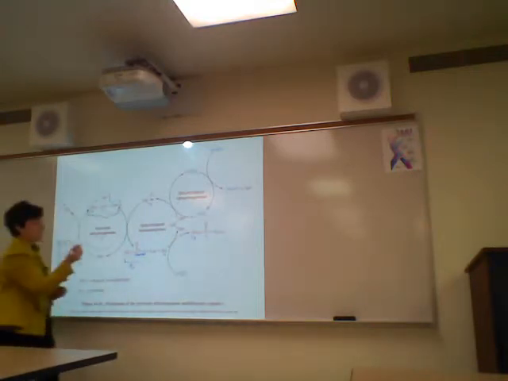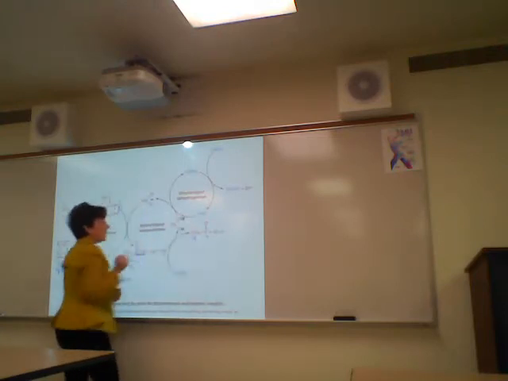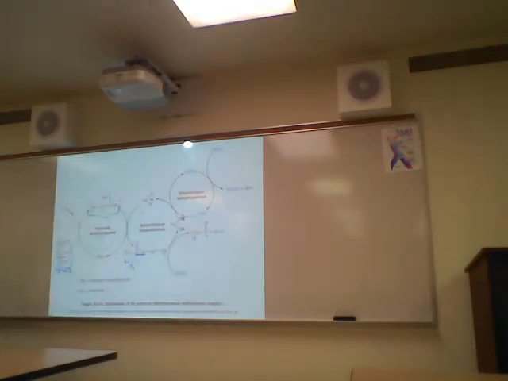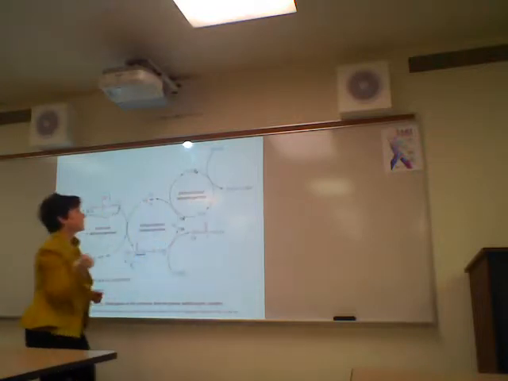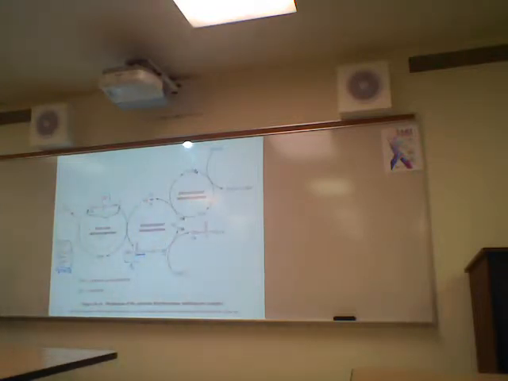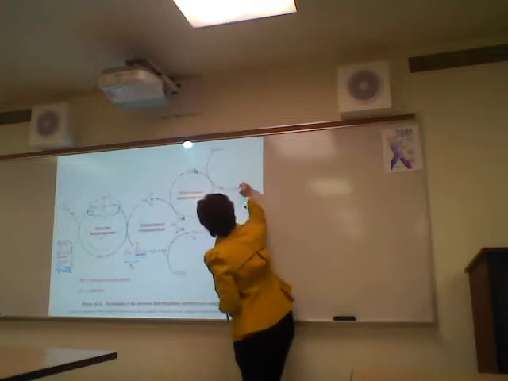So if I labeled these 2 hydrogens, this hydrogen here and that hydrogen there, trace where those hydrogens go now. They're going to go on the FAD to become FADH2. And then the very last step, which is a non-enzymatic step, that NAD plus will take off those 2 hydrogens.